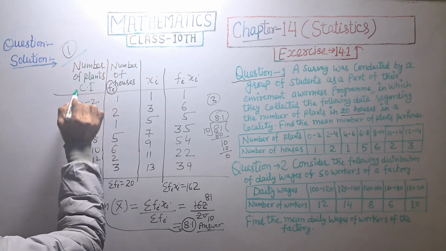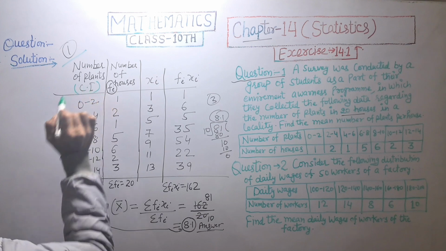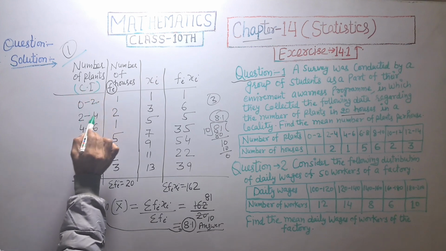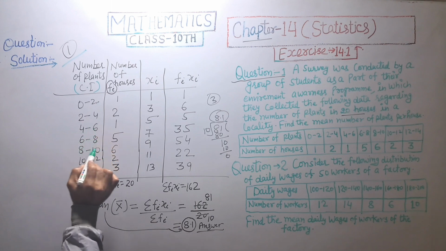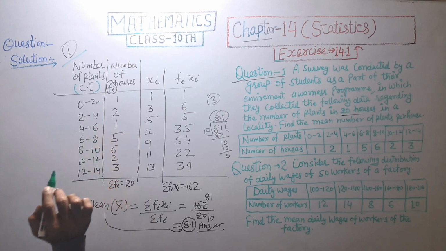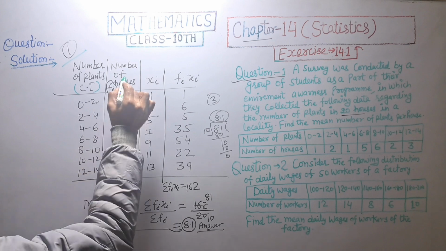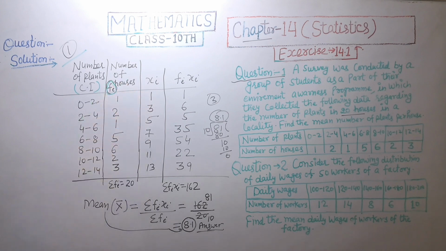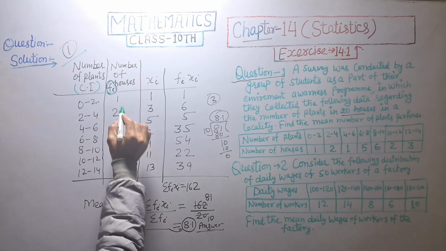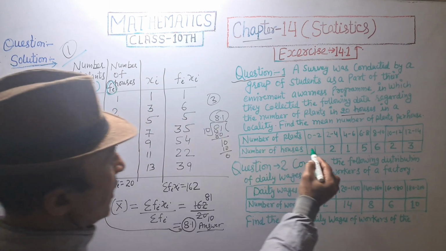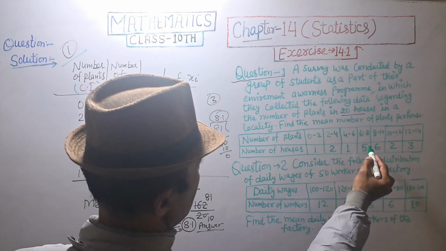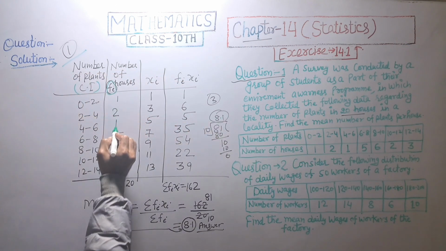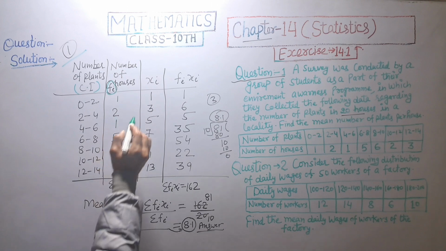Given number of plants is denoted by class interval Ci: 0 to 2, 2 to 4, 4 to 6, 6 to 8, 8 to 10, 10 to 12, and 12 to 14. And number of houses is denoted by frequency Fi: 1, 2, 1, 5, 6, 2, 3.